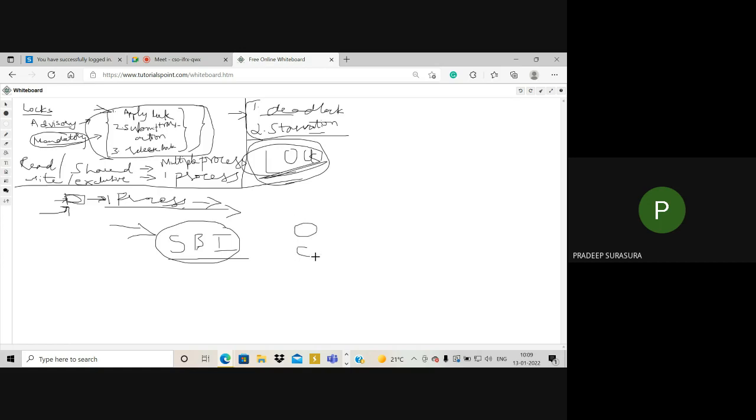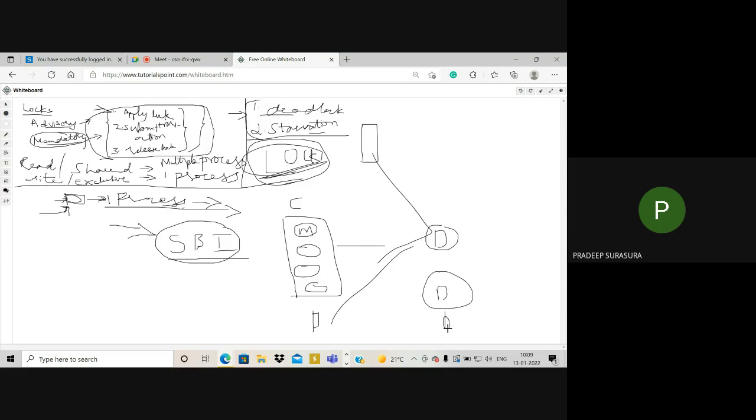In one city there are multiple branches, and among them one will be the main branch. This is one city, and you have multiple cities like this. They are interconnected to one district.